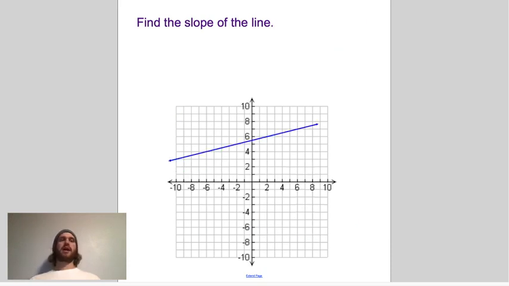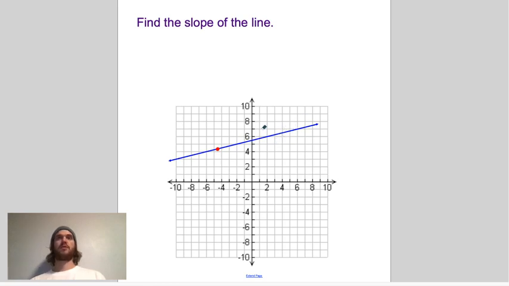Sometimes you're given a graph of a line, and there are no points. You basically just pick points that you know it passes through. You can really pick any 2 points on the line. You could pick right here and right here. The issue is you're not going to be super exact because those don't go through the grid mark.